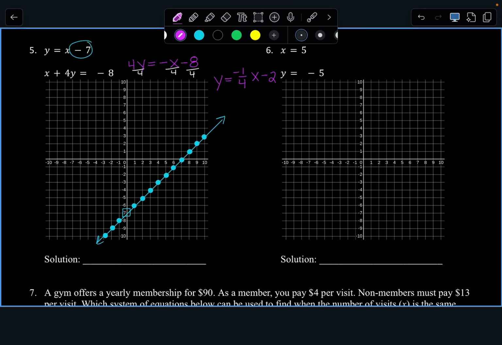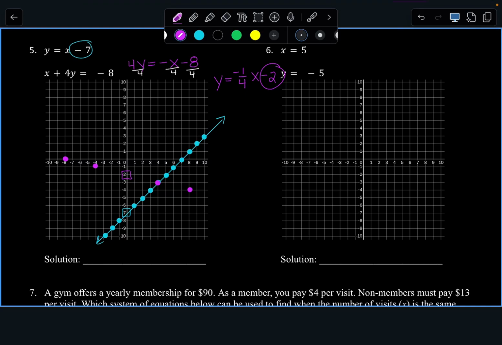So where are we starting? Down 2. Our slope is negative 1/4. That means down 1, right 4. We can also go up 1, left 4.